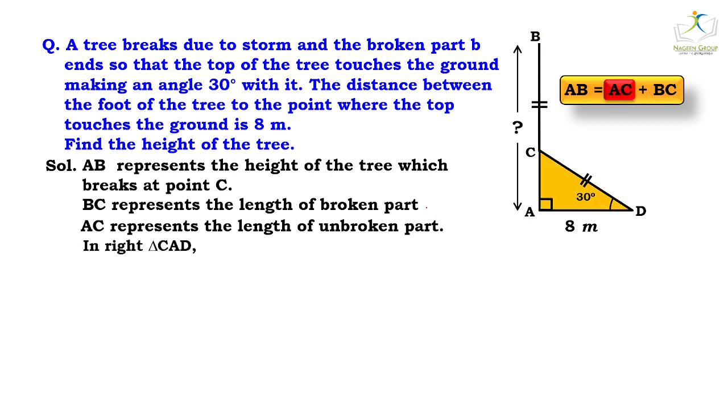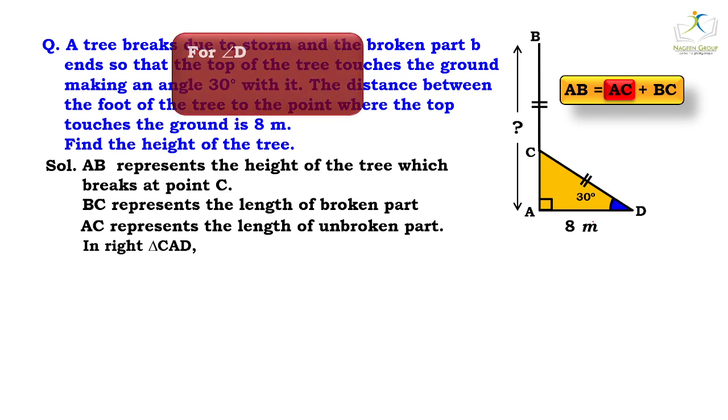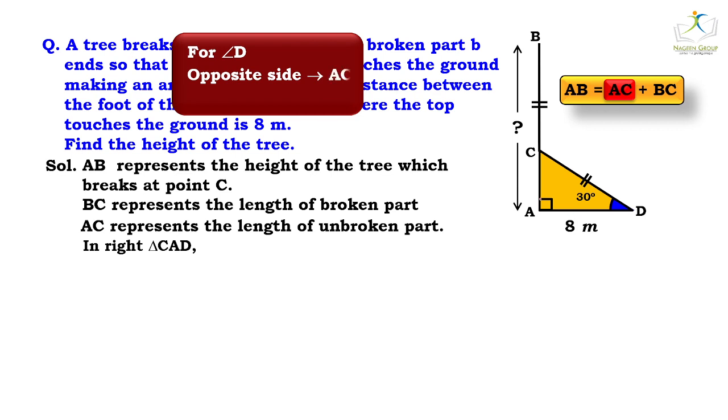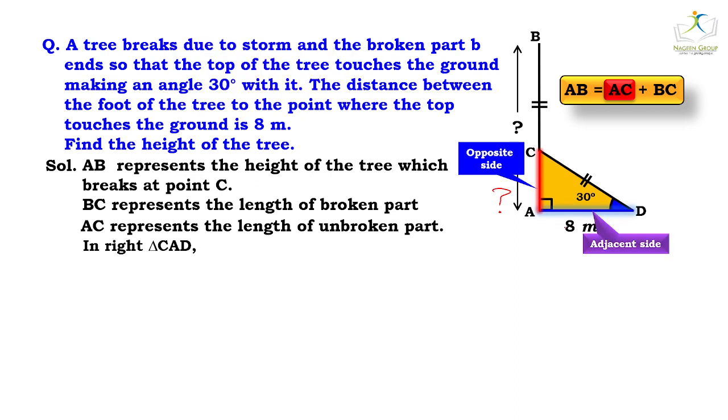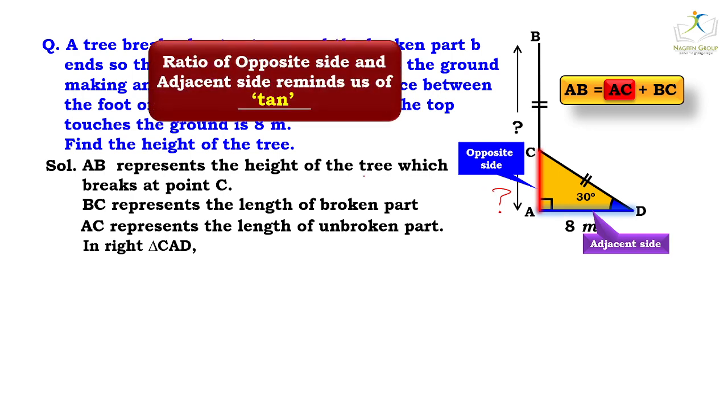So in this triangle ACD, observe angle D that is equal to 30 degree. Opposite side we need to find out, the height means opposite side is needed. And here base is given, adjacent side. So opposite by adjacent, we know it equals tan. So the ratio is tan theta.